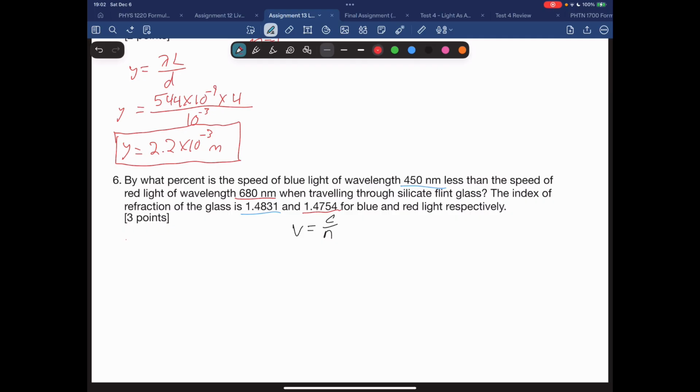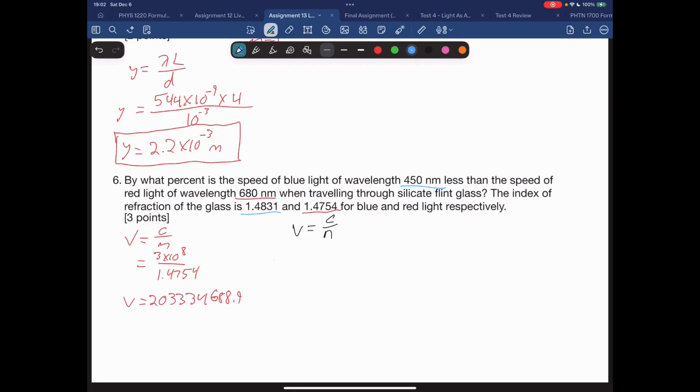First, let's find the red speed of light. Plugging in our numbers here, I end up getting something I forgot to write down. I have the final answer written down, but not the in-between working out numbers. That's my red speed.